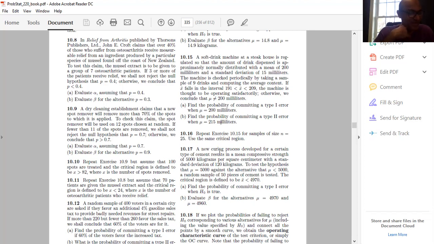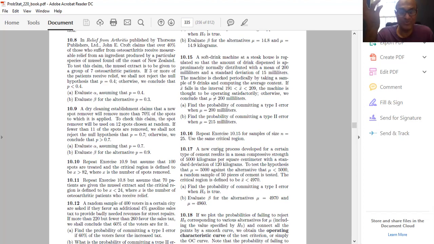Fewer than 11 of the spots are removed means I am going to consider my x value greater than or equal to 11, right? You can say H1 is x greater than or equal to 11.